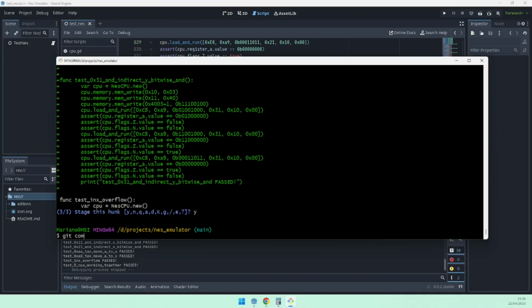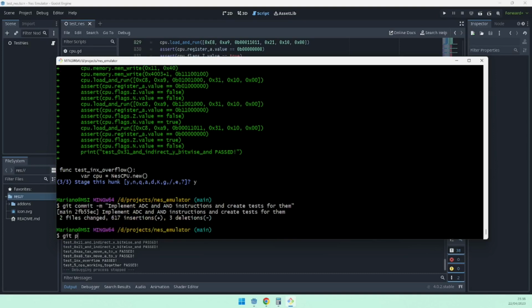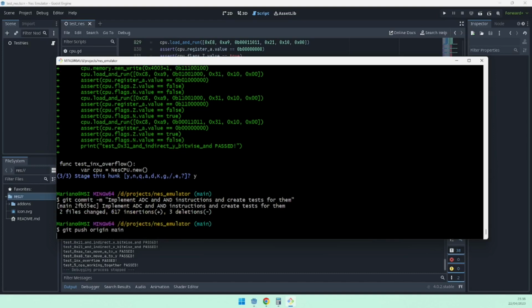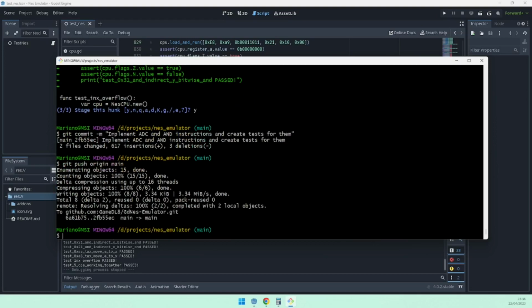So git commit: implement ADC and AND instructions and create tests for them. Git push origin main. Oh, awesome.